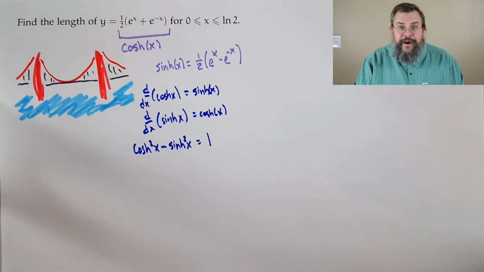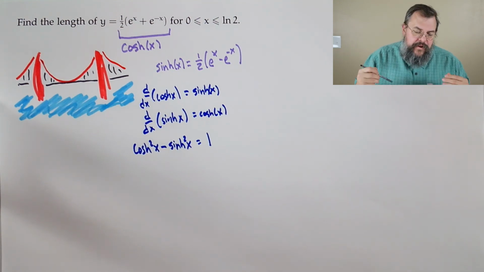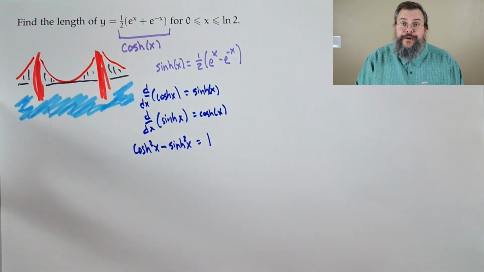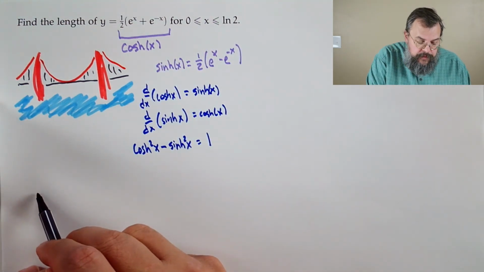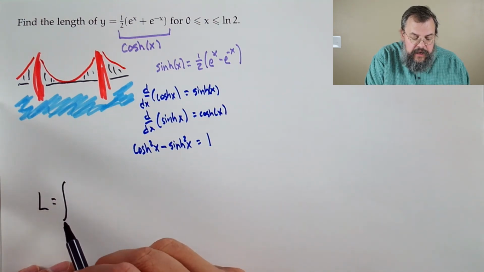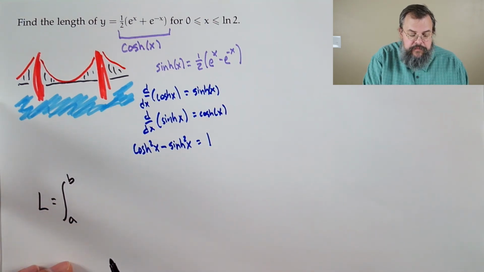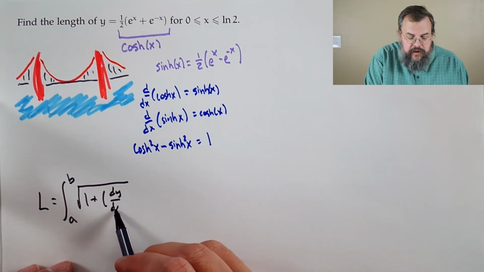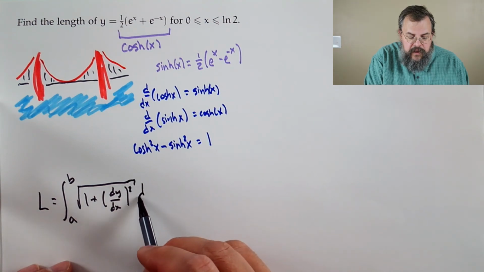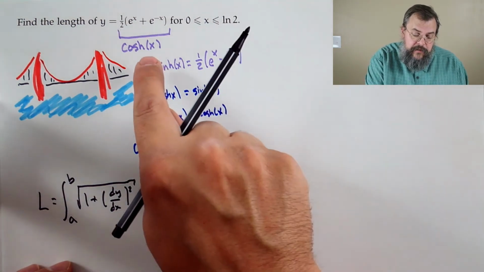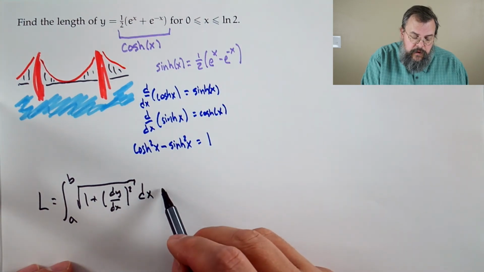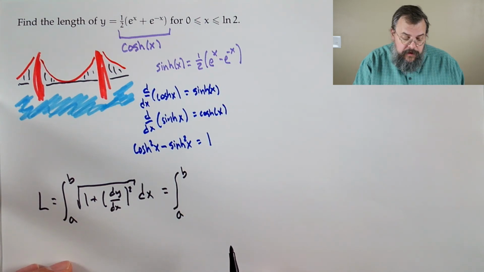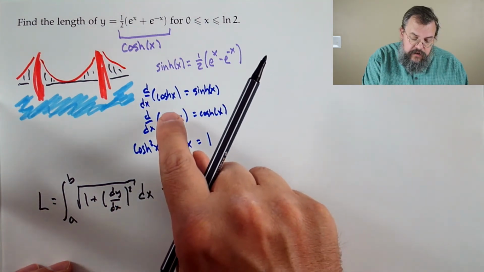So here we go. You ready? So we're asked to find the length of the cosh curve from 0 to log 2. So we say, well, the length formula is adding up, start to stop, the square root of 1 plus the derivative squared. So far, so good. Now, our function is cosh, so what's the derivative of cosh? Well, the derivative of cosh is sinh.